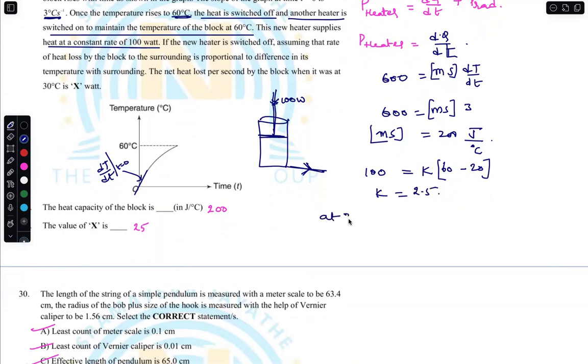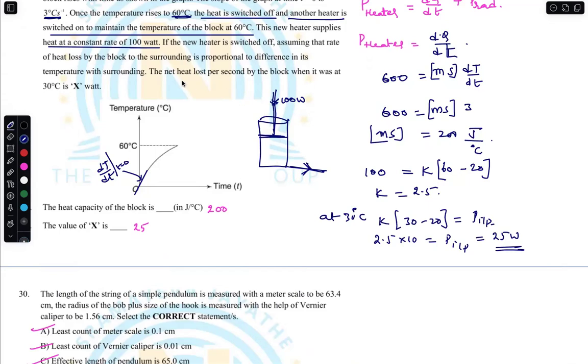At 30 degrees centigrade, to maintain temperature in the same condition means radiation loss is the power input, which means 2.5 into 10 is the power input. So therefore, in this case, this is 25 watt, right?